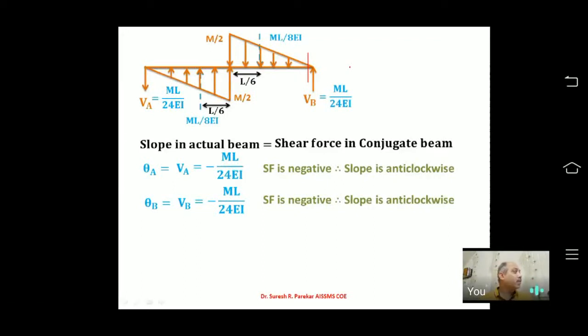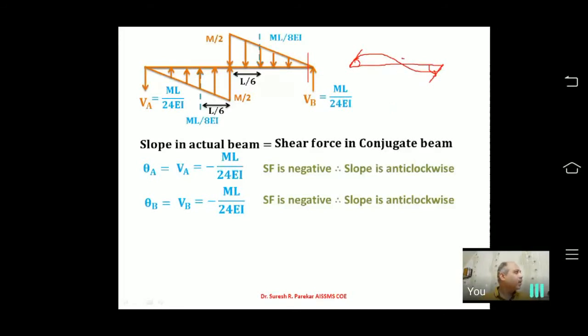And if we draw the diagram, it will be somewhat like this. So I am going to get anti-clockwise over here, so this slope here is anti-clockwise. And if you plot over here, then here also you are going to get this slope as anti-clockwise. So on both sides my slopes are anti-clockwise.